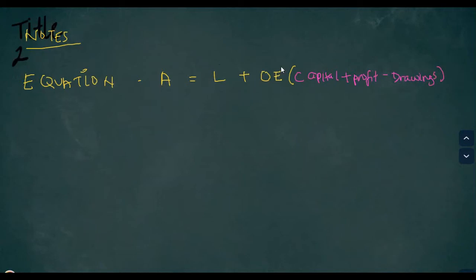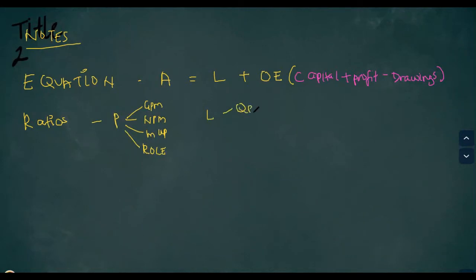We have gone through this equation quite some time, so I don't want to go through it again. And the next thing you need to know is your ratios. So what are the ratios you have learned so far? You have learned the profitability ratios, which are your gross profit margin, net profit margin, markup, and also your ROCE. Under liquidity, we have learned two ratios, which are your quick ratio and your current ratio.